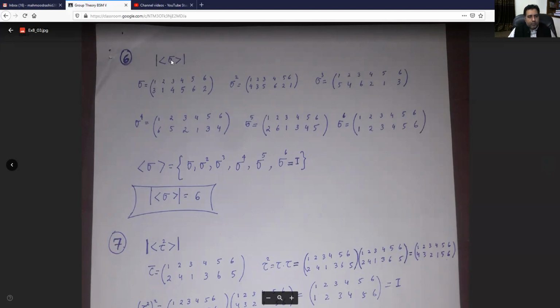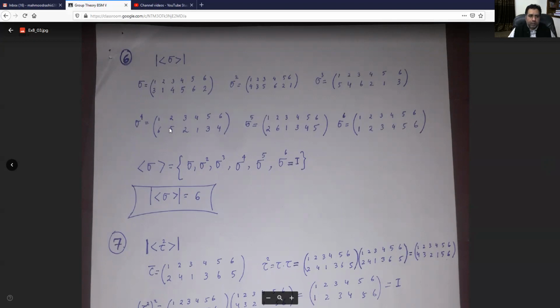So first we compute the subgroup generated by sigma. So this is sigma. We multiply sigma with itself. We get sigma square. Multiplication is already done on the previous slide. Then you compute sigma cube. You multiply sigma with sigma square. You get sigma cube.